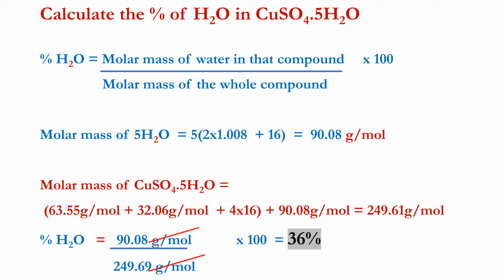So you notice that gram per mole will cancel gram per mole. And if we do this division and multiply by 100, we will get that the percentage of water in copper sulfate pentahydrate is approximately 36%.